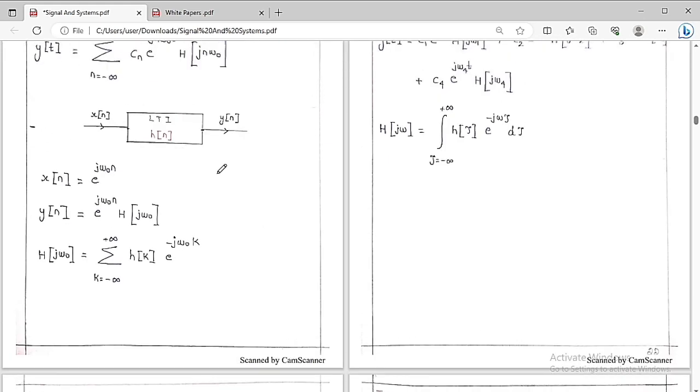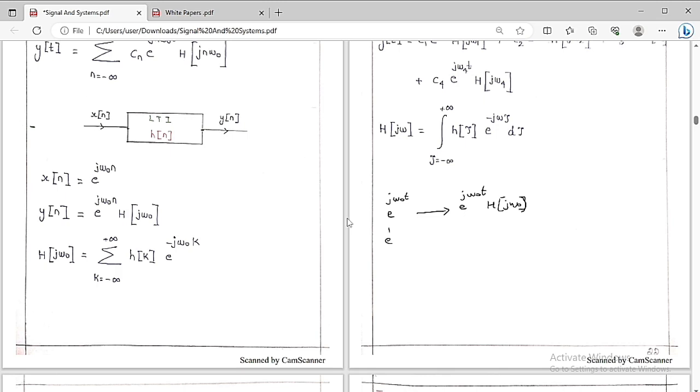So finally, let me give the conclusion so that we can easily understand. Listen carefully. For the continuous time domain, suppose the input is e to the power of j omega naught t, then the output we are going to get is e to the power of j omega naught t into h of j omega naught.